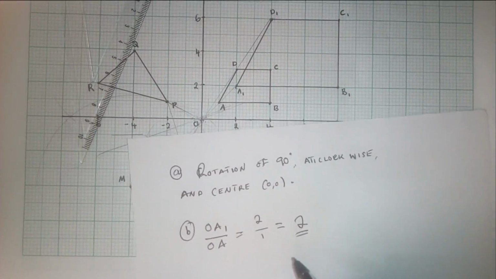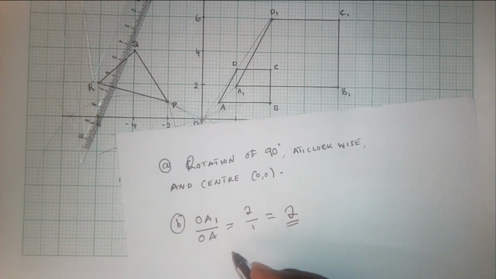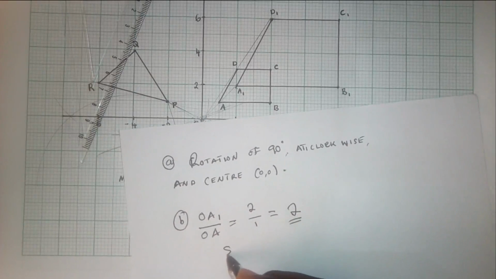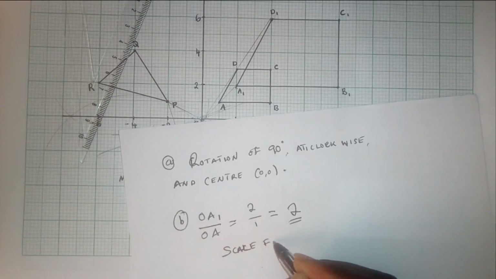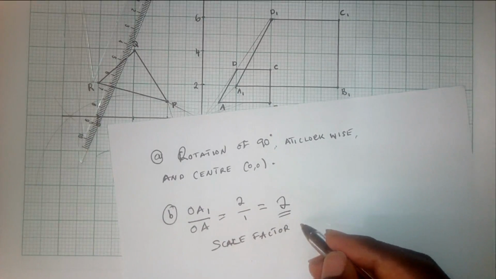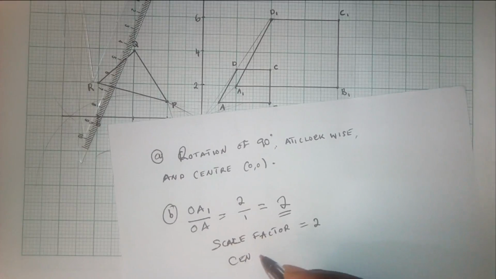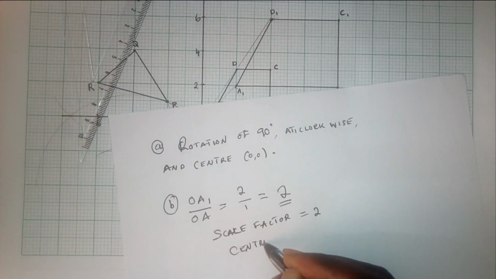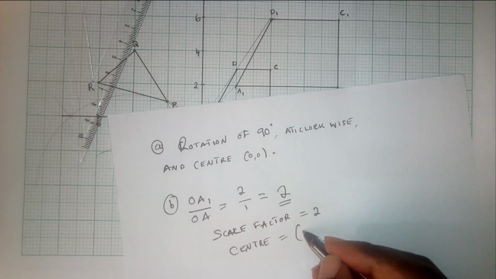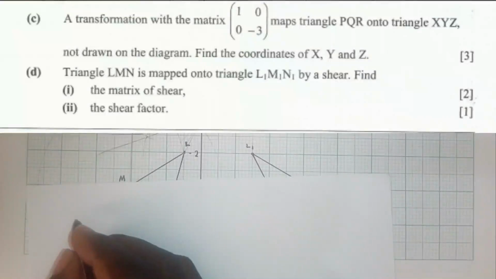So the scale factor in this case is 2 and the center is 0, 0. You can say scale factor is equal to 2, and center of enlargement is equal to 0, 0. Go to the next question, question C.